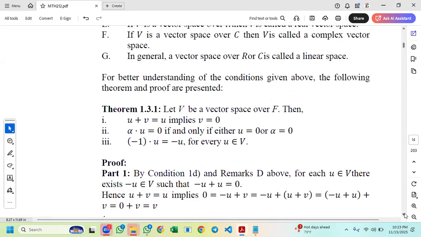For better understanding of the conditions given above, the following theorem and proof are presented, but we will not go into that tonight. We have just 4 minutes left, and we're not starting any class again because I don't even have light on my system anymore.